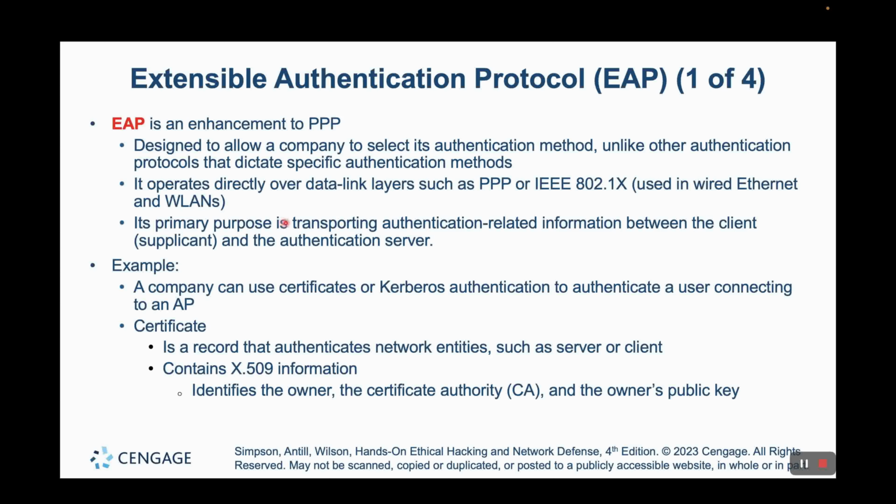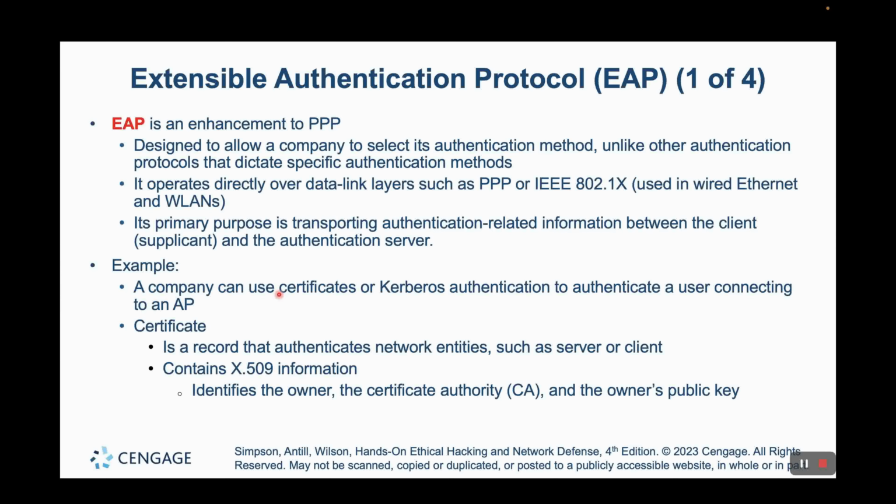The whole purpose here is to transport authentication related information between the supplicant and the authentication server. You could see it in the RADIUS server, you could see it in the VPN solutions. They all use this type of authentication protocol.